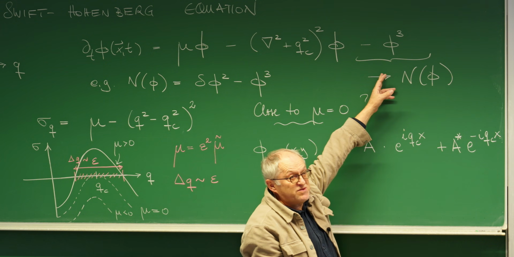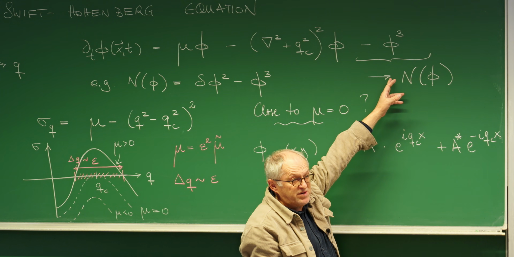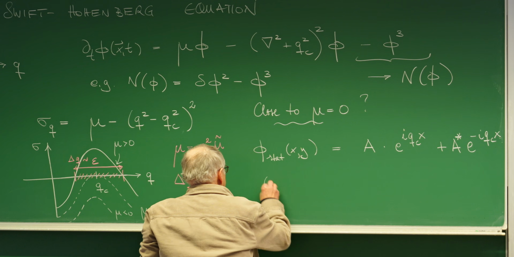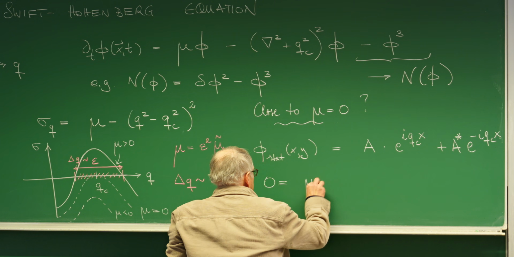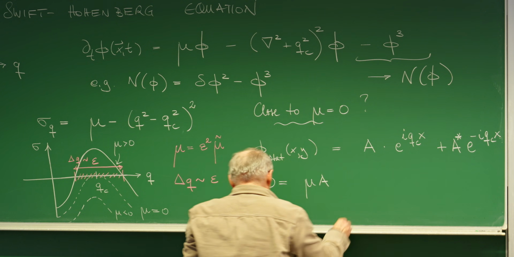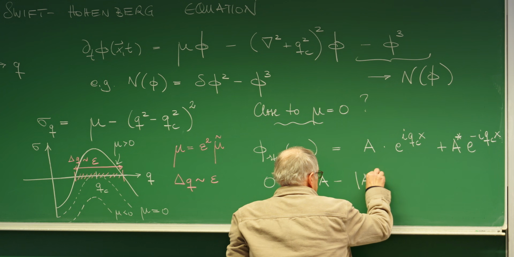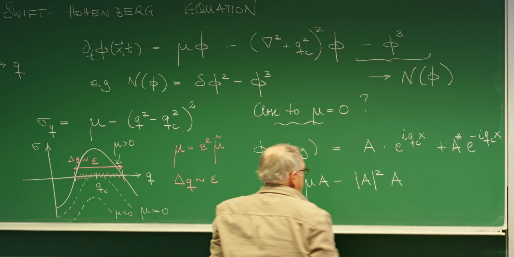But then you have this term which is of third order. So as you do that, you get a very simple equation. You get 0 equals mu A minus absolute value of A squared A.